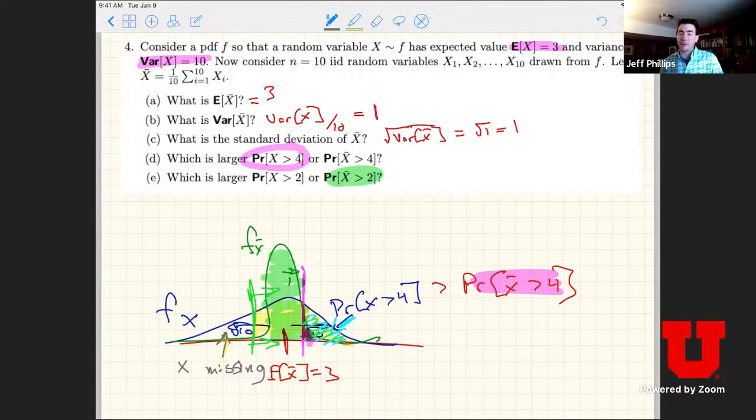I say greater than 2. So for D, x greater than 4 is bigger. For E, x bar greater than 2 is bigger. So this makes you think about the central limit theorem a little bit. This is kind of a trickier question. Okay, great.